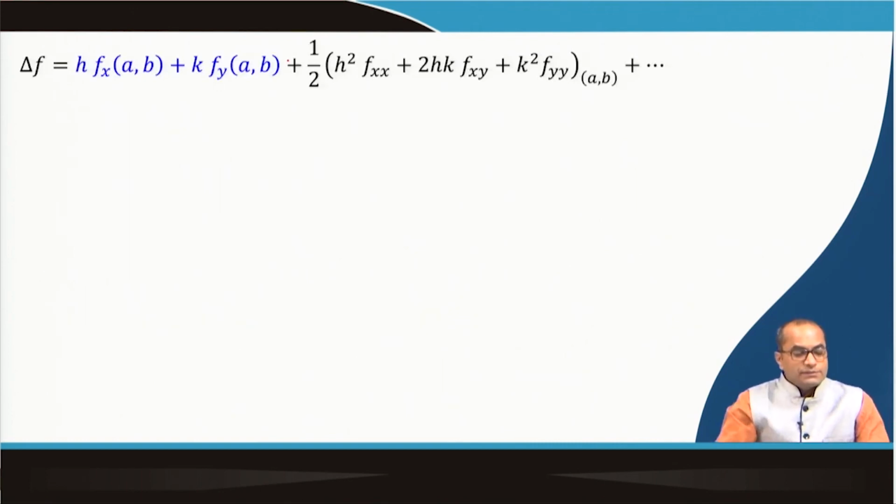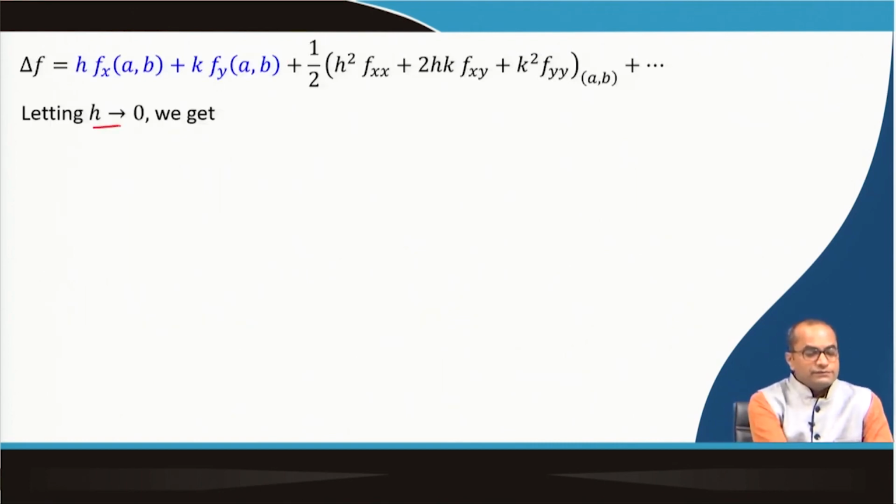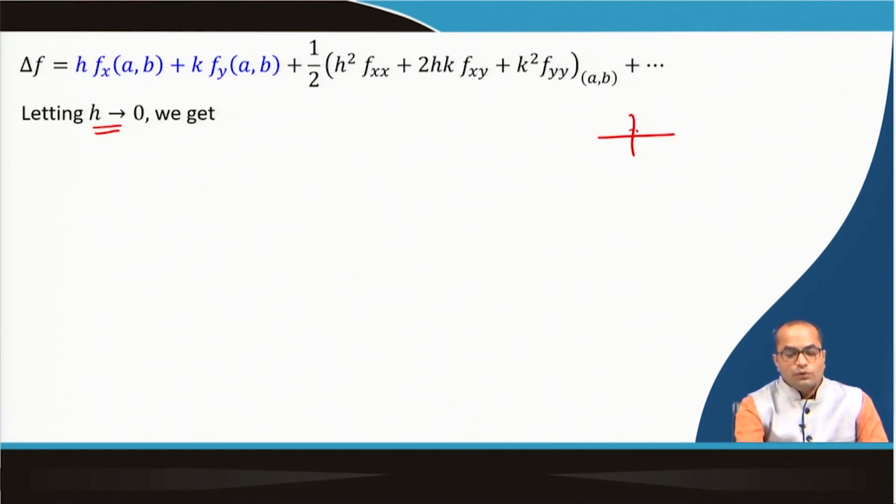So, we have this expression for delta f. Since we are talking about the neighborhood, for instance this is 0, and all these points, let us say this is our neighborhood. We have just restricted the neighborhood, let h go to 0. That means we are along this y axis, and we can still move around in the direction of k by varying k.